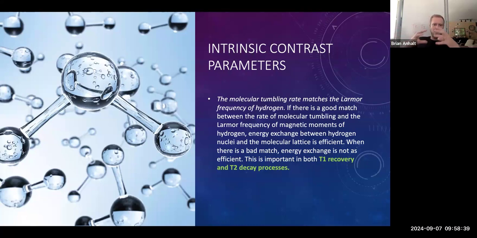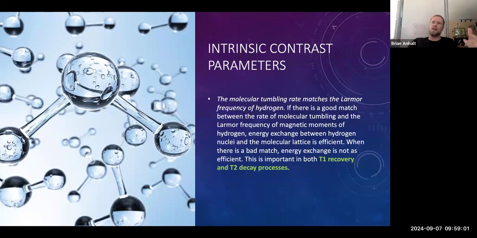So molecular tumbling rate is sort of like a frequency that exists within certain molecules. And if that is close to the Larmor frequency, there's a good match there, which allows for an efficient transfer of energy.